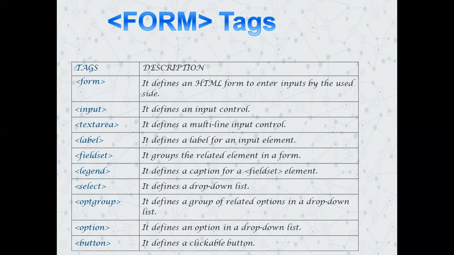Then we have the optgroup tag, which is used in the drop down list to group things. Most probably you have seen drop down lists that you will be working on. Next we have the option tag, which is also defined in the drop down list. Now we have the button tag, which is clickable. When you click on it, it is called a button tag.